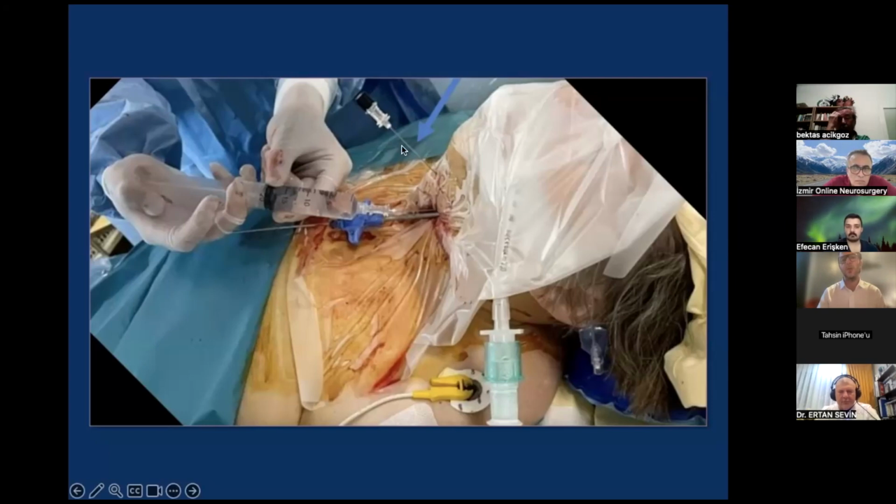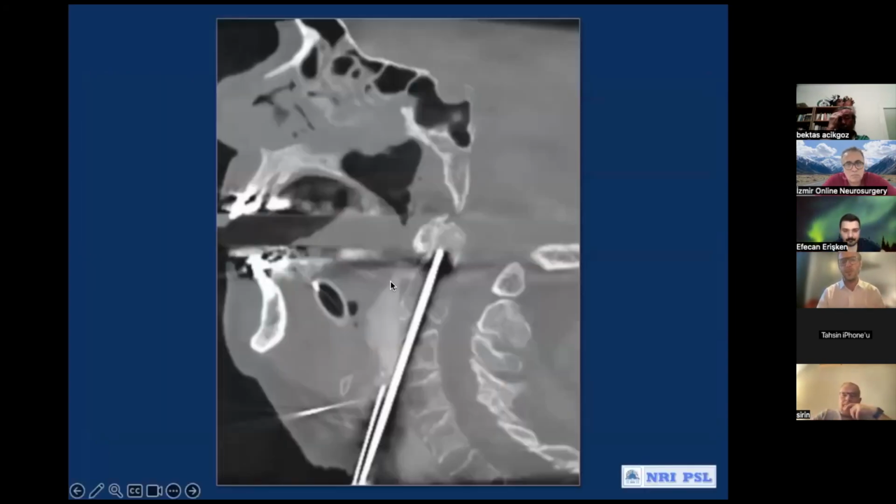This is a 22 gauge needle through which we inject some saline with contrast material, about 150 cc of saline, in order to push the vessels and the nerve away and avoid damaging them while positioning the screw. So here you see the hydrodissection. We inject saline with contrast material to see the distribution of this hydrodissection.